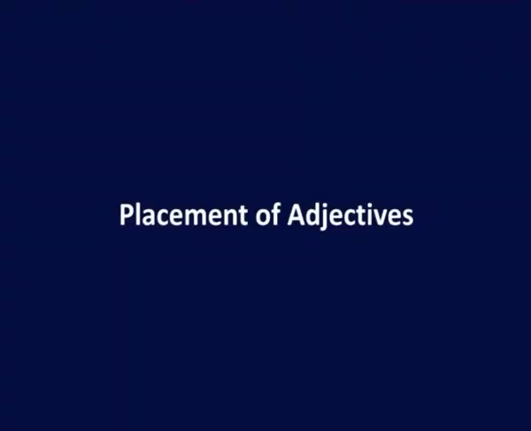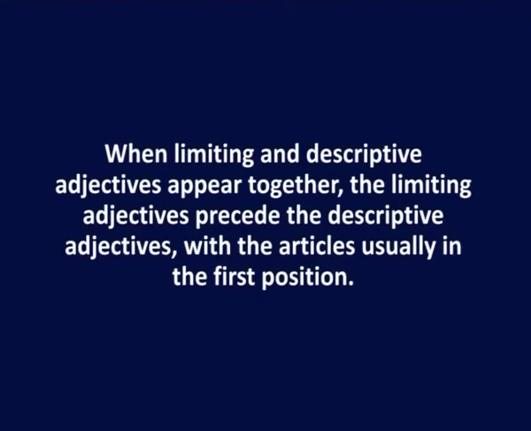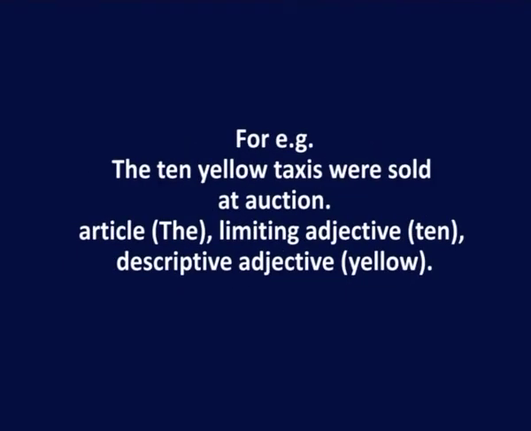Now, we come to placement of adjectives. When limiting and descriptive adjectives appear together, the limiting adjectives precede the descriptive adjectives, with the articles usually in the first position. For example, the 10 yellow taxis were sold at auction. Article the, limiting adjective 10, descriptive adjective yellow.